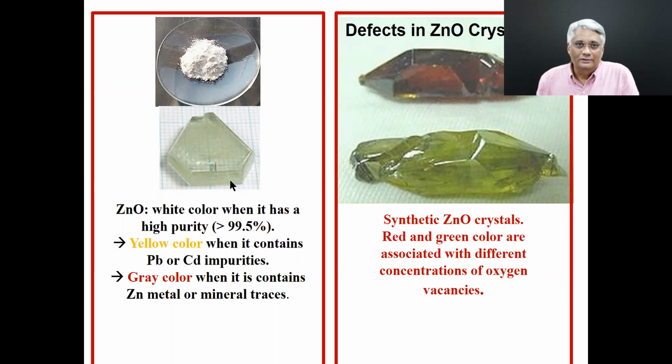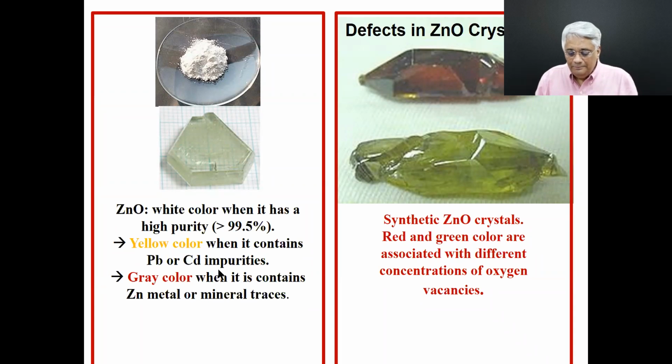So this is a crystal obtained from the powder of zinc oxide using some of the standard crystal growth methods. But the issue is, it looks a little colored. That means it must be having a certain amount of defects incorporated during the growth process, right?